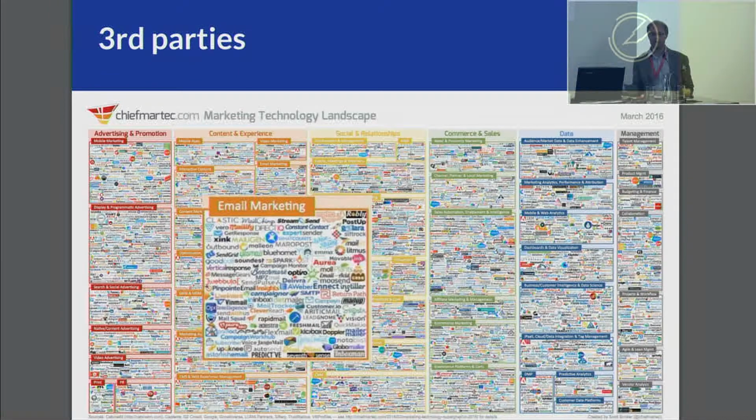I'm going to talk about third-party trackers, or more generally, third-party plugins, services that run as a part of a website. And this is just an example of some of the services out there.